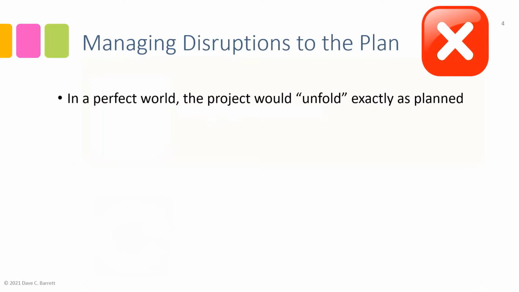So let's look at the overall topic of managing disruptions. In a perfect world, the project would unfold exactly as planned. Whatever we put into the plan would unfold and would happen during the executing phase. Well, unfortunately, the world doesn't work that way. It isn't perfect, and things happen which disrupt our plan.